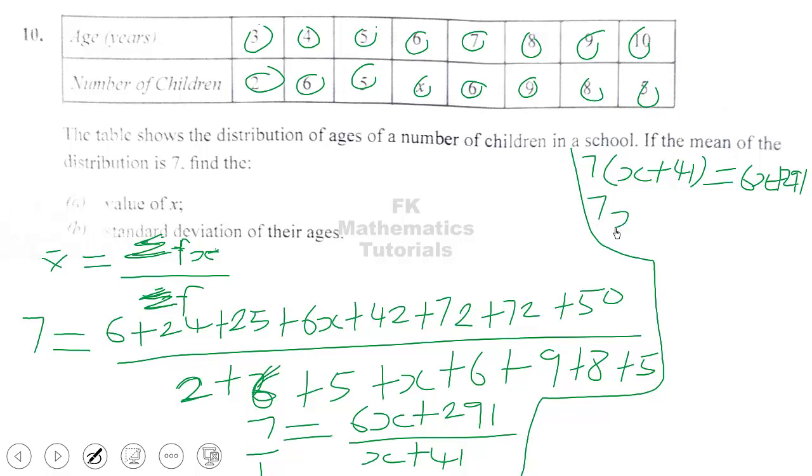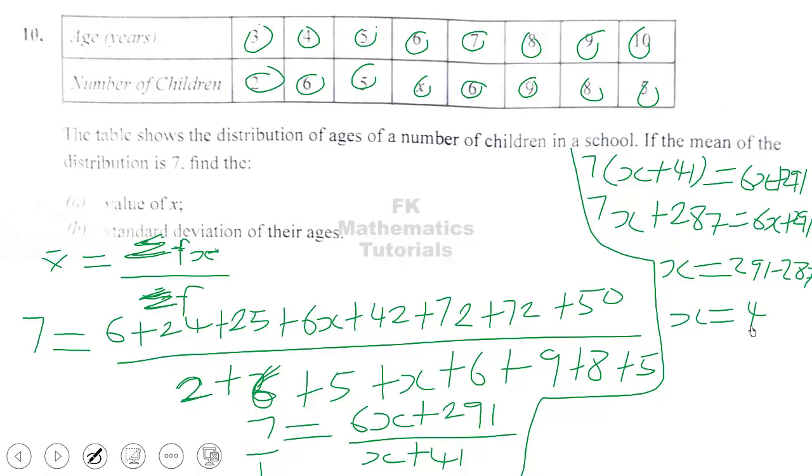So this will give us 7x plus 7 times 41, that will give us 287, is equal to 6x plus 291. So 7x minus 6x will give you x. Then 291 minus 287. So x will be equal to 4. Therefore, the value of x is 4.